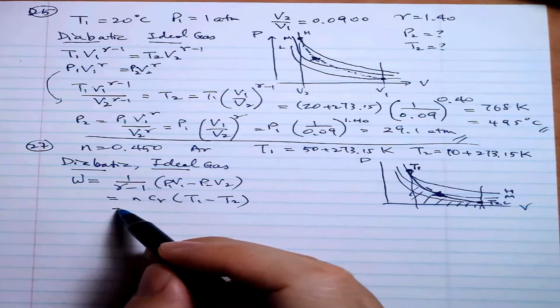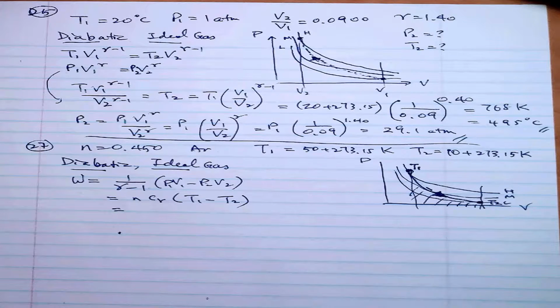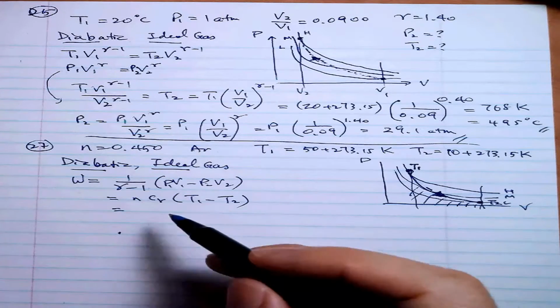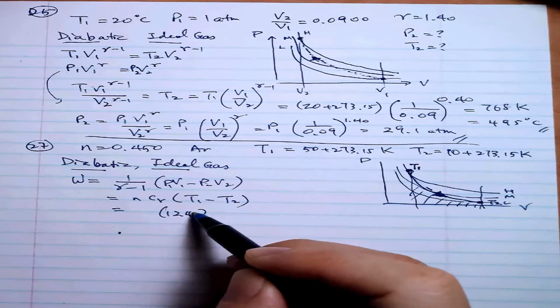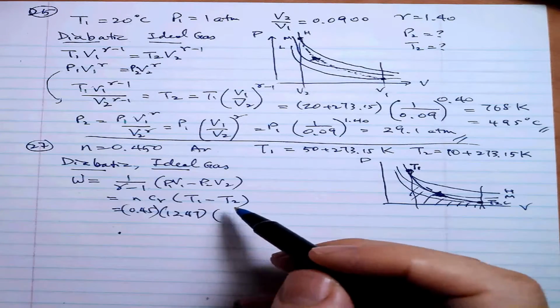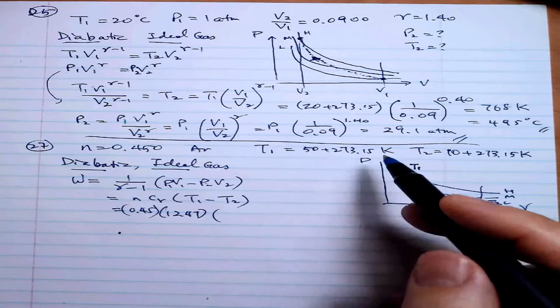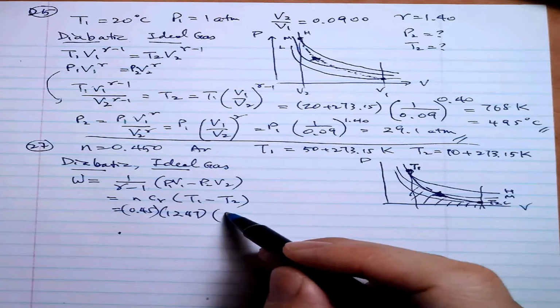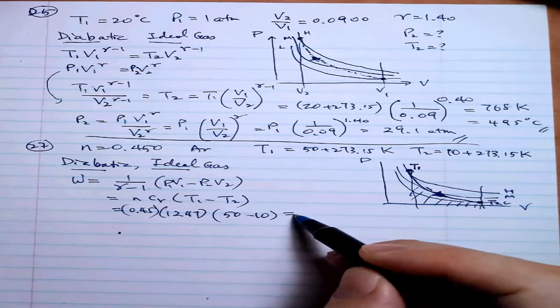But for argon gas, you can look up the Cv for argon according to the table, which is 12.47. So this is 12.47, and the number of moles is 0.45. Initial temperature minus final temperature, so I could just use 50 minus 10.